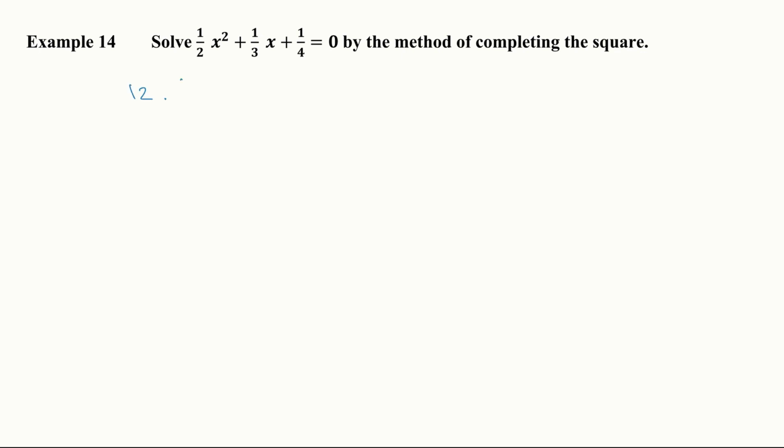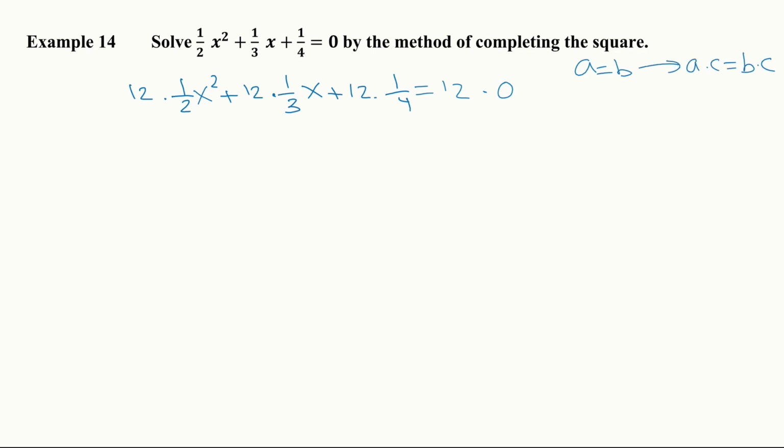So 12 times 1/2 x squared plus 12 times 1/3 x plus 12 times 1/4 equals 12 times 0. And of course we have to multiply 12 on both sides. If a equals b, that implies a times c equals b times c. That's the multiplication property of equality, right?